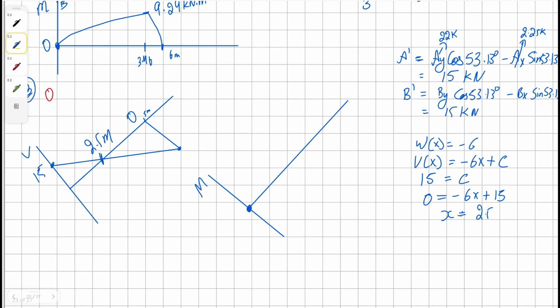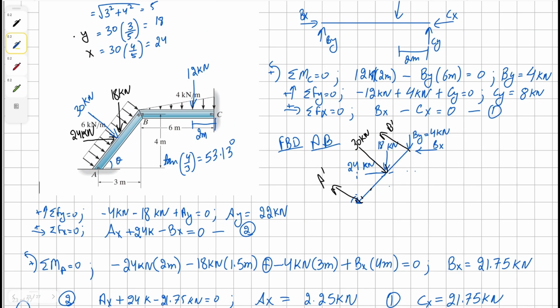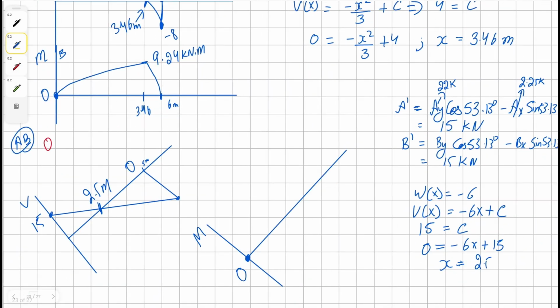Now we can begin our moment, looking at our section AB. We know there is no moment at A, so we're going to begin at 0, and then at 2.5 is where we're going to have our highest, or max, moment. And our max moment is simply the area of the positive triangle from the shear diagram.